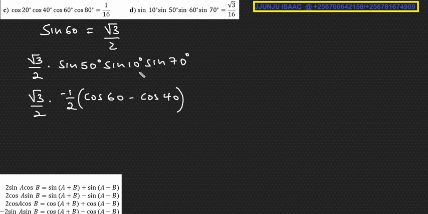So this is the sine, sorry. So now times sine 70 degrees.